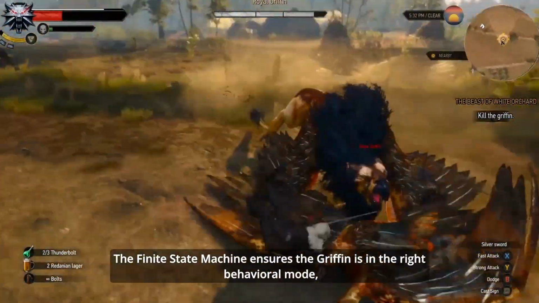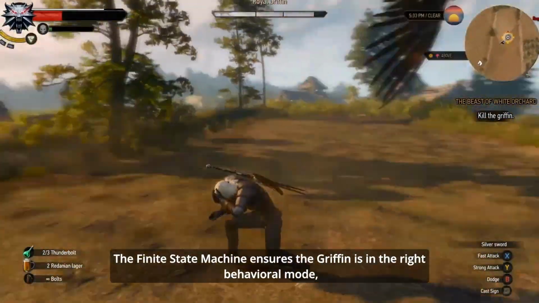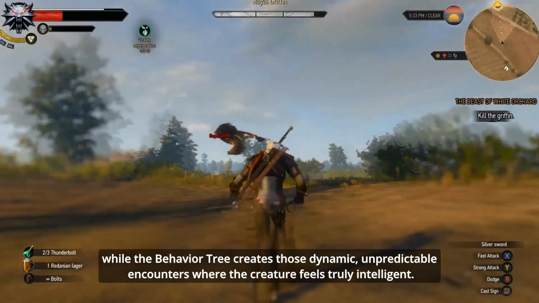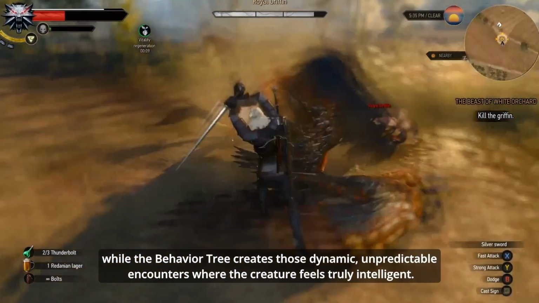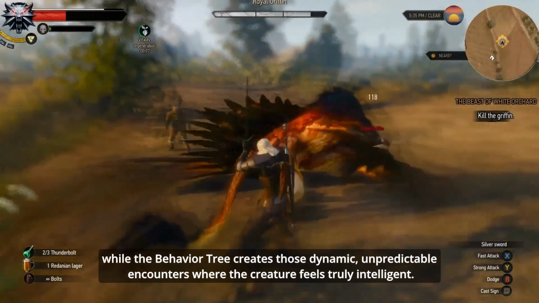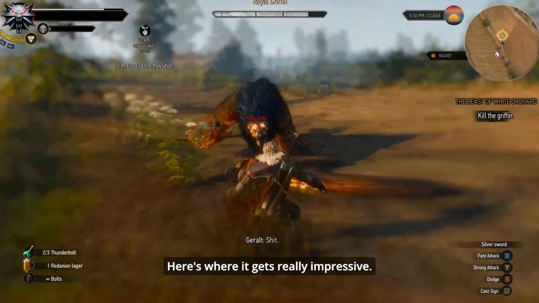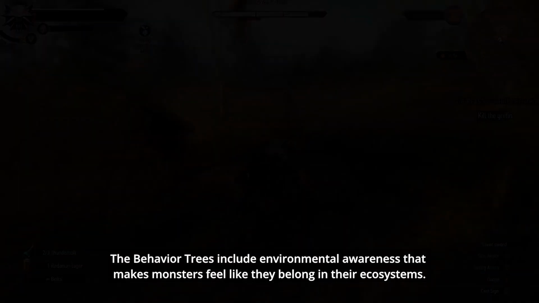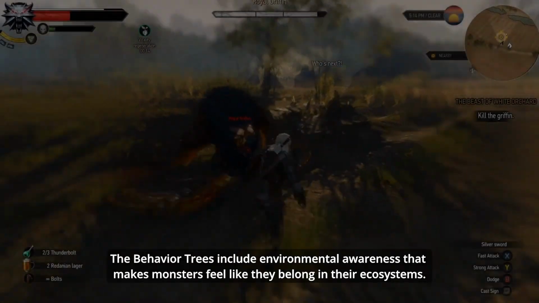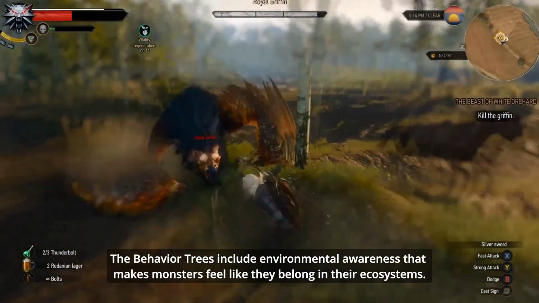The finite state machine ensures the griffin is in the right behavioral mode, while the behavior tree creates those dynamic, unpredictable encounters where the creature feels truly intelligent. Here's where it gets really impressive. The behavior trees include environmental awareness that makes monsters feel like they belong in their ecosystems.